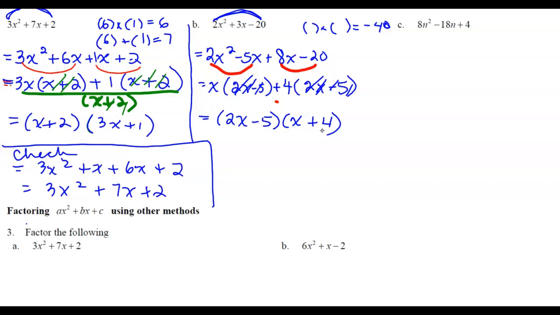Once you've copied that down, take a look at C and check for a common factor. Hint, hint.